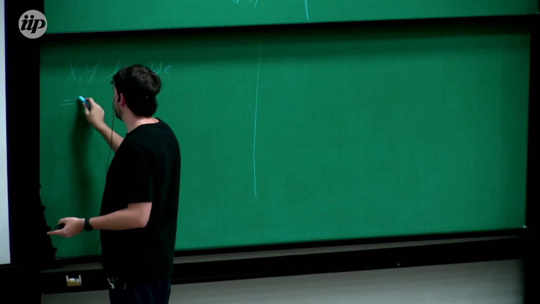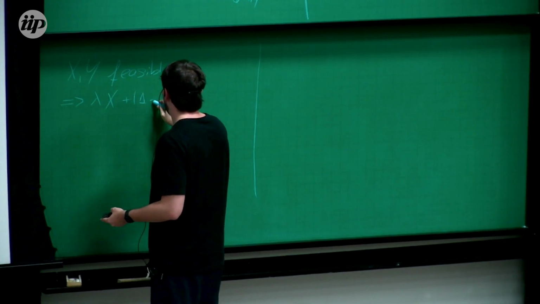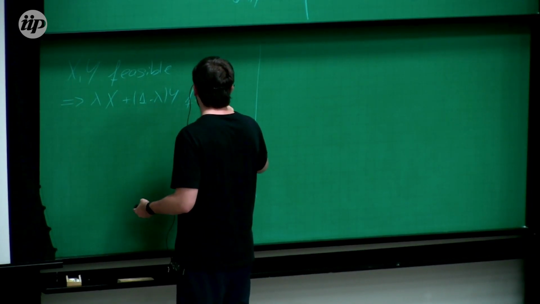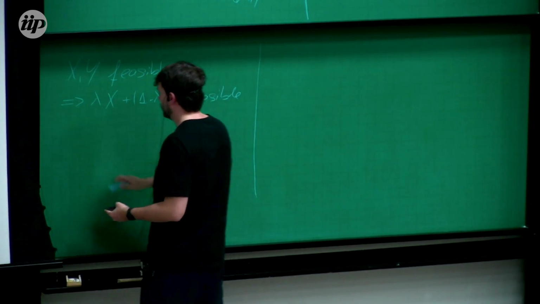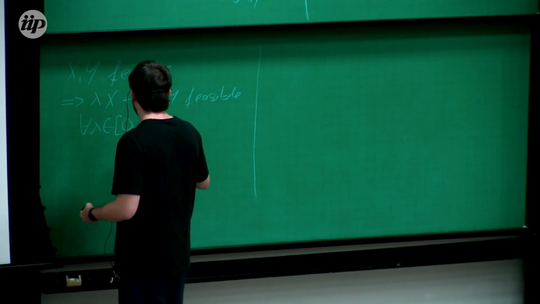Then it follows that lambda X plus (1 minus lambda) Y is feasible for all lambda in [0, 1].